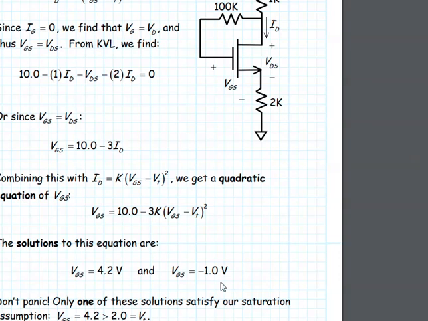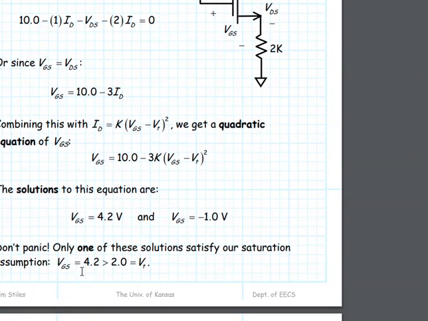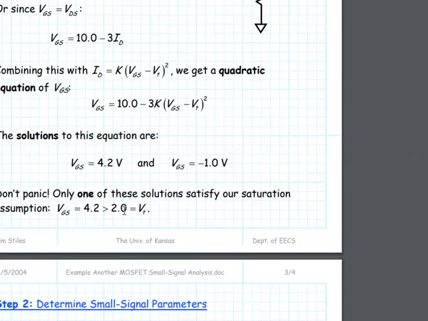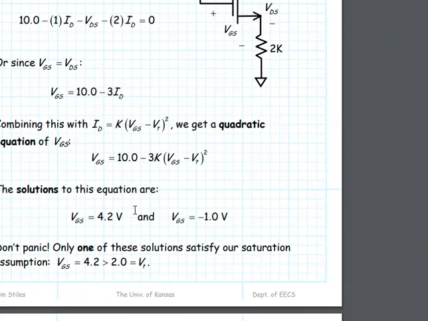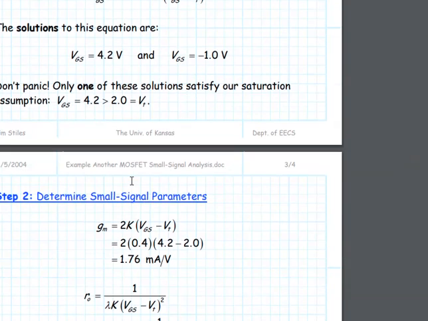If VGS is minus 1, it's in the cutoff mode, so it's not valid. So our answer is going to be valid. VGS is, because our threshold is 2, we know that VGS has to be greater than the threshold, right? So when VGS is 4.2, we actually confirm that the MOSFET is in the saturation mode.